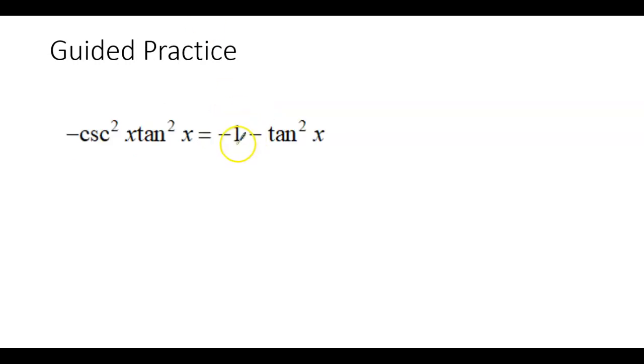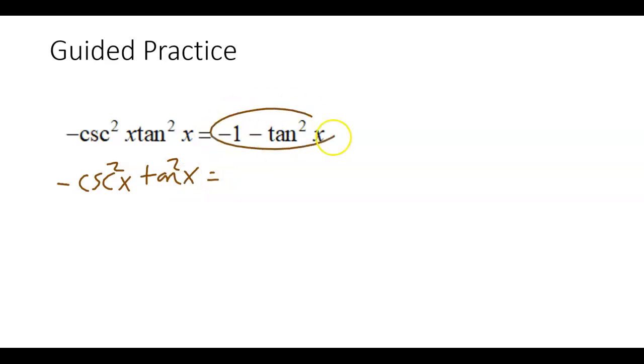Instead of a positive tangent and a positive 1 being put together, they're both negative. So that's actually a little extra something there. We can fix that simply by dividing out a negative 1. If I divide both of these by negative 1, they both become positive.